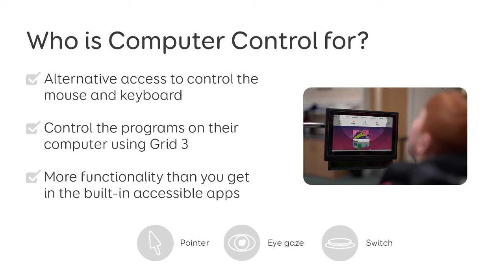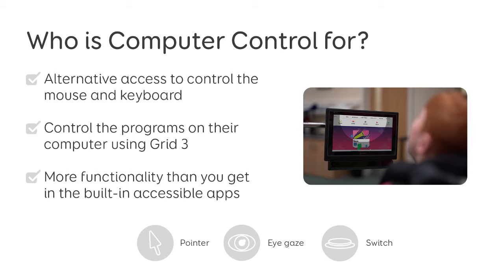One thing, for those of you that know the grid or have used the grid before, is you may be aware that there are some what we call accessible apps built into the grid, and we would regard those as starting points or more basic applications for controlling things like email or a camera or your music or a web browser. So they'll provide some basic functionality of those things. But for some activities, computer control is going to be something that provides full functionality.